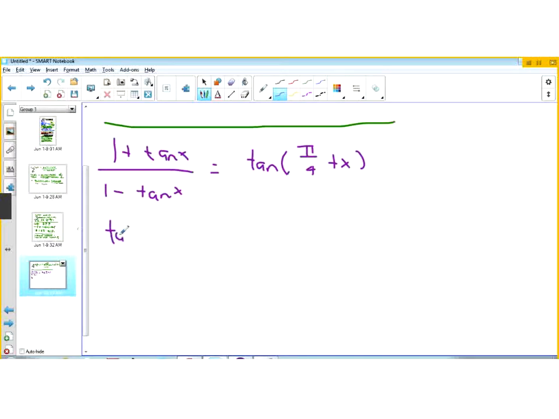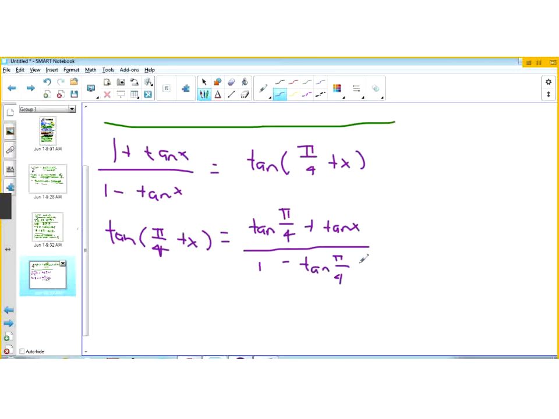We know that the tangent of a sum is equal to the tangent of pi-4 plus the tangent of x divided by 1 minus the tangent of pi-4 times the tangent of x, from the identity we proved previously.